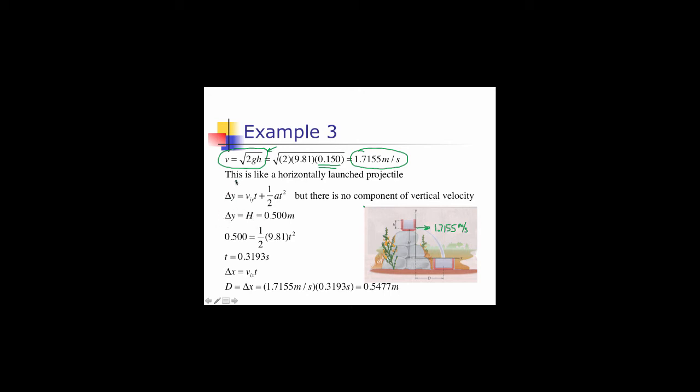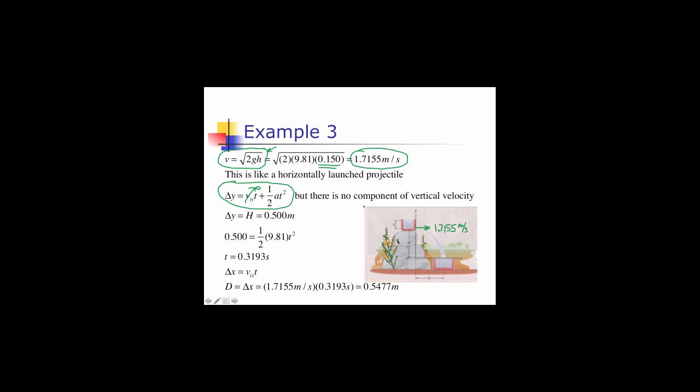Now, I have a horizontally launched projectile, which is the water, okay? And that would be the kinematics equation I would use. But certainly there is no initial vertical component of velocity. So delta y ends up being 1/2 at squared. Well, that's equal to 0.5.